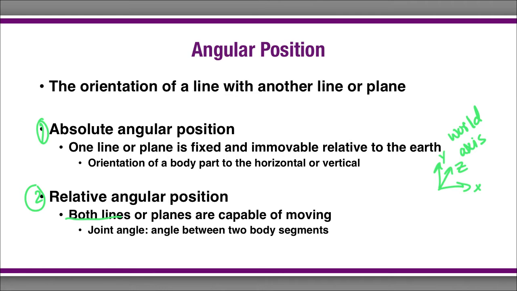So relative angular position is often used in biomechanics from a research perspective using inertial sensors, especially not in a lab. If you take mobile sensors to a field or some type of court, or something that doesn't have a fixed motion capture field, that will be relative angular position, and again, what we will use most of the time.